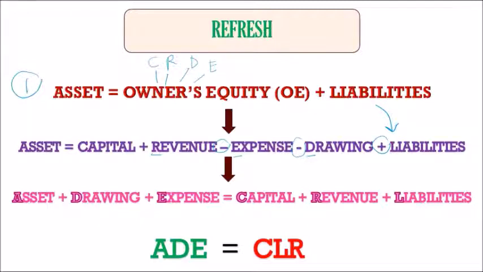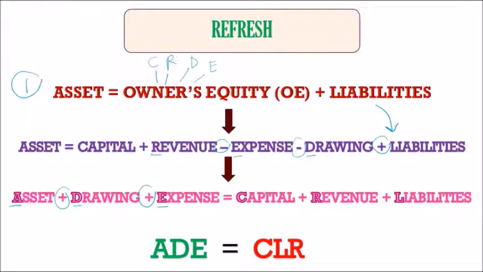So if you restructure this equation, you will get asset plus drawing. Just like simple mathematics, bringing the right side negative drawing to the left side, you will get a positive drawing, plus expense.